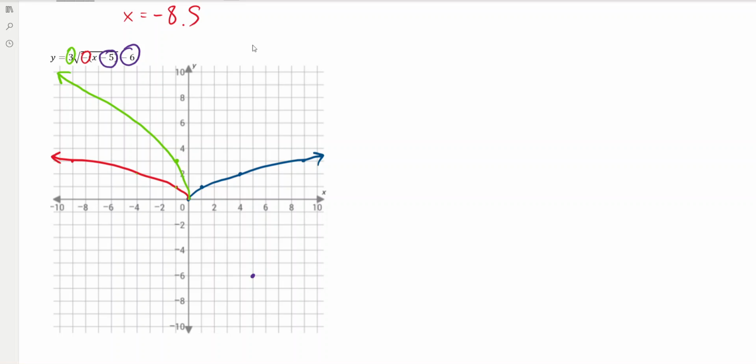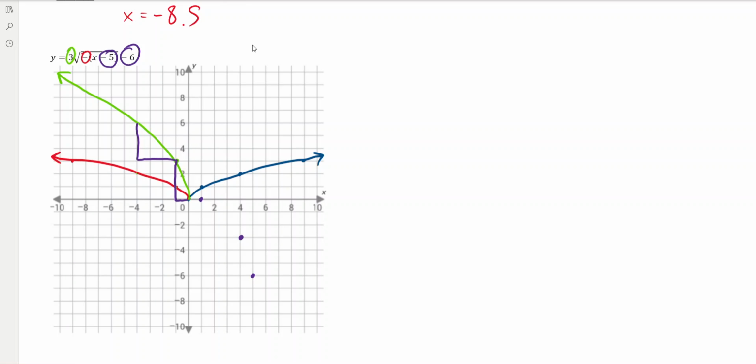Okay, and now I just look at the change in value. So 1 to the left, 3 up. So 1 to the left, 3 up to get my next point. And then I look at the next change, which is 3 to the right, 3 up, which would be there.